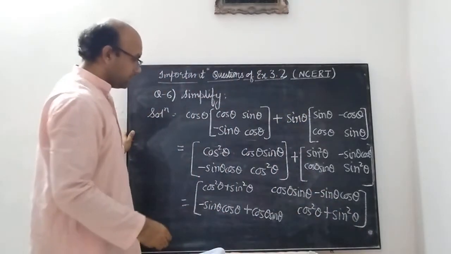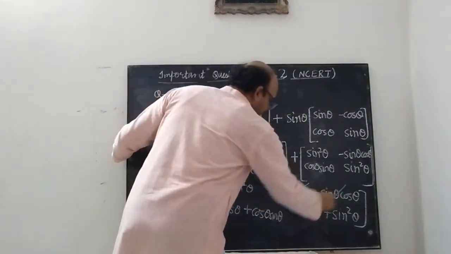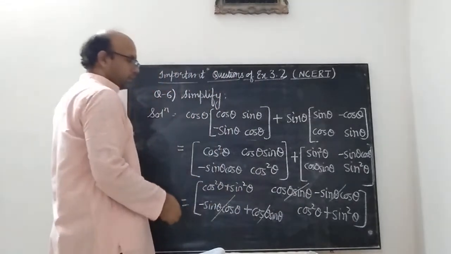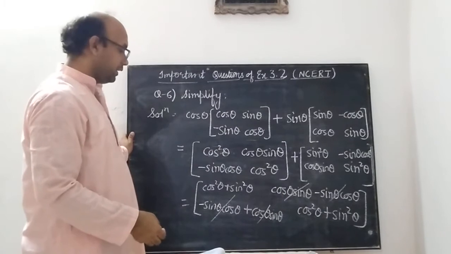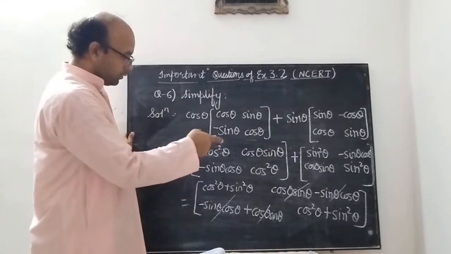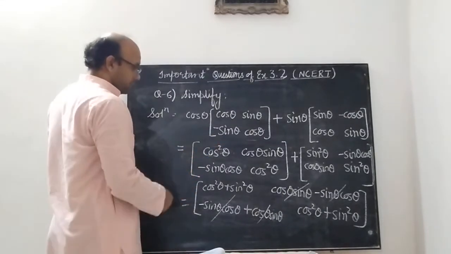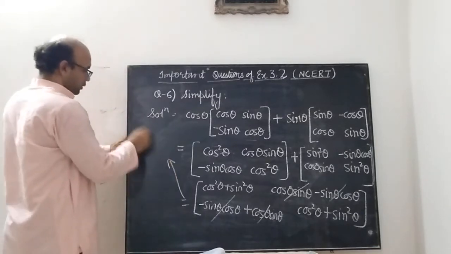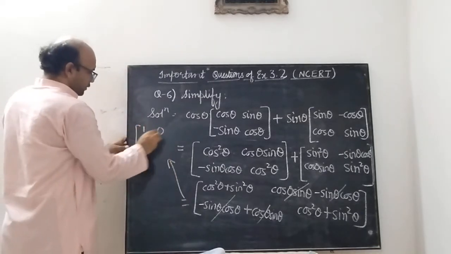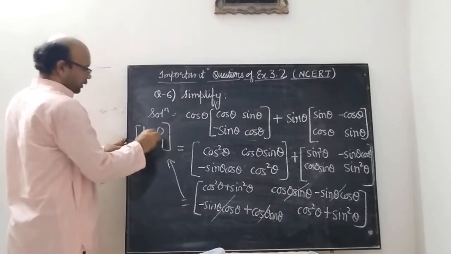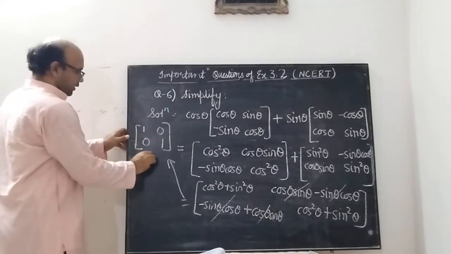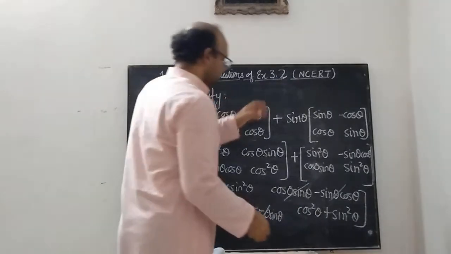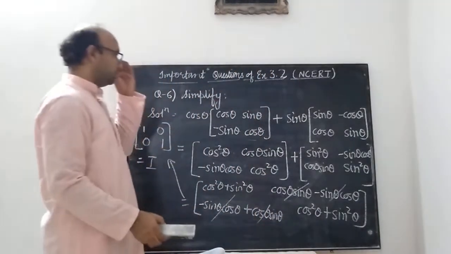You can clearly see the cross terms cancel out. Cos square theta plus sin square theta is the identity, which is 1. So again what we get is the identity matrix, 1 0 0 1, as the simplified matrix for the expression given in the question.